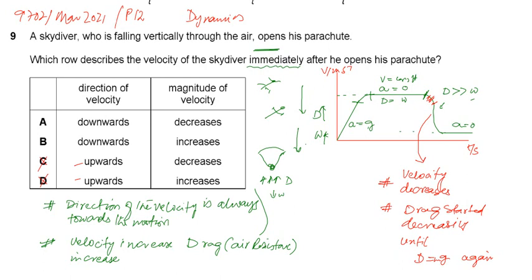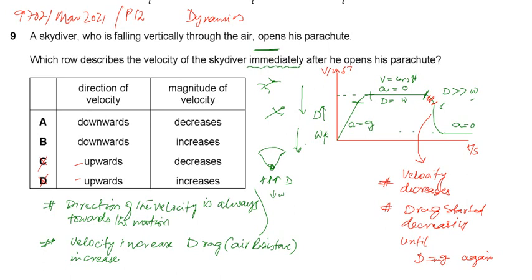But in this case, as soon as the parachute opens, the velocity decreases. There is only one point where the velocity is increasing, and that is when he jumps. Here the velocity is decreasing until it becomes constant.